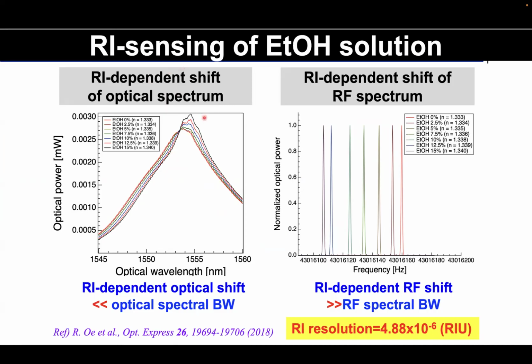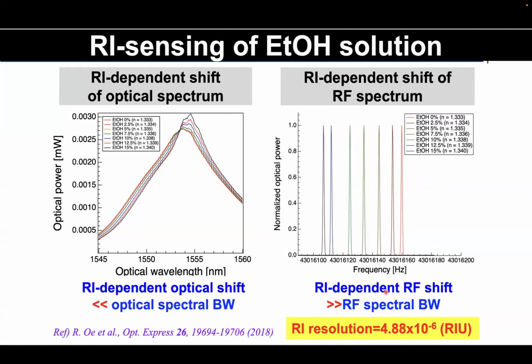Unfortunately, such RI-dependent optical spectral shift is much smaller than the optical spectral bandwidth. Conversely, in the RI-dependent shift of the RF spectrum, a sharp spectrum of f_rep appears and its shift is much larger than the RF spectrum bandwidth. As a result, we achieve an RI resolution of 10 to the power minus 6.